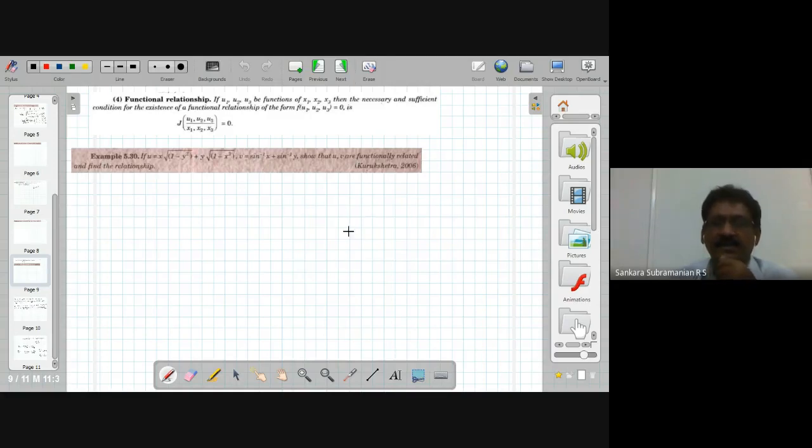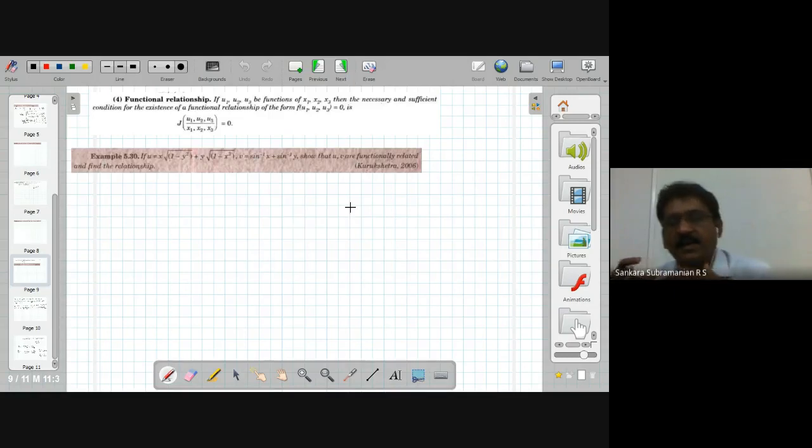In a functional relationship, suppose you have u1, u2, u3 as functions of x1, x2, x3. Whether they are connected or not: if one function is dependent on another, you cannot separate them. If independent, you can write them separately. Can you make a single relationship with respect to particular variables or the equations we have given?